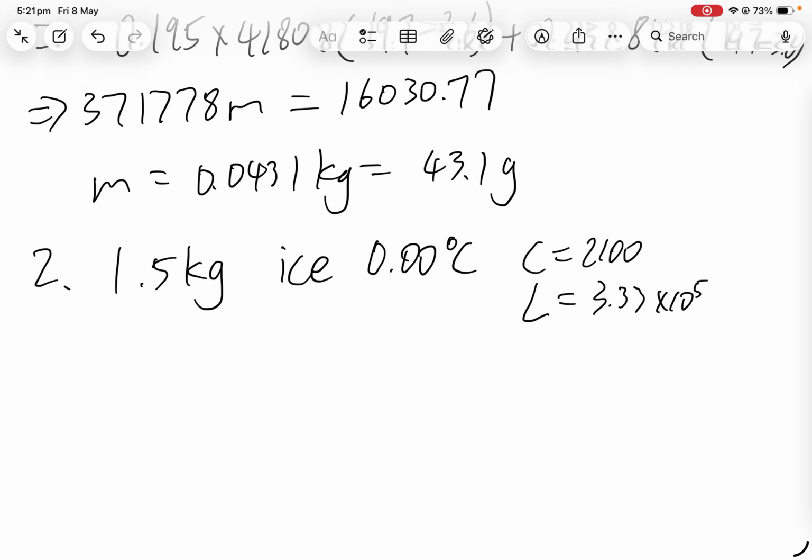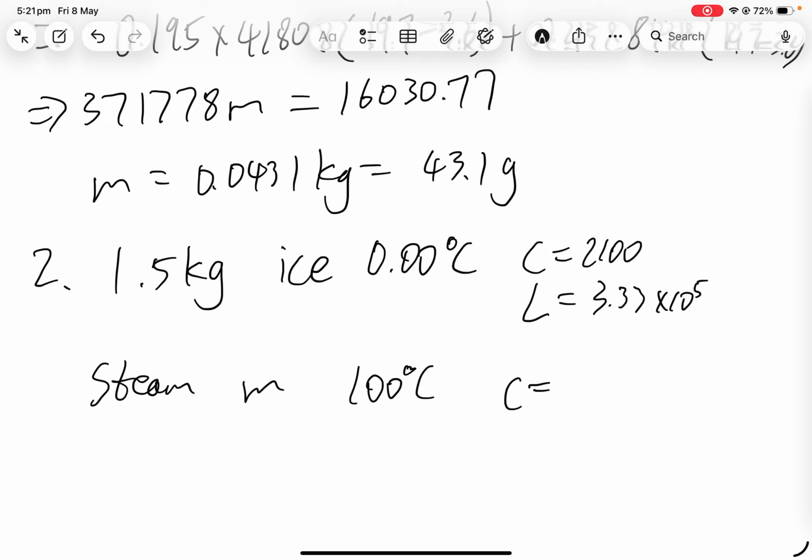And then for the steam the person added, we need to find the mass. It starts from 100 degrees Celsius, like normal steam.